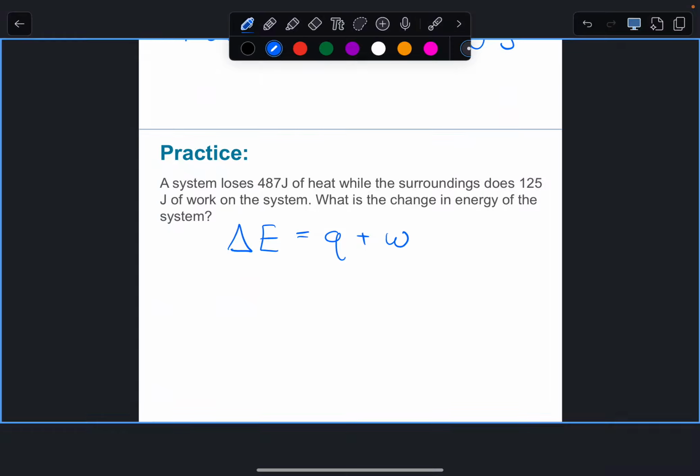There's your first little reminder if you're lost. But don't forget to pay attention to the sign.